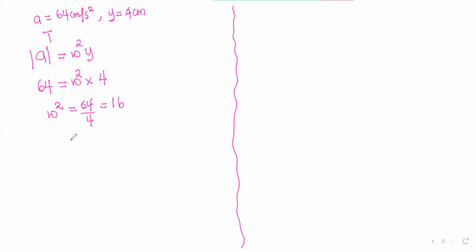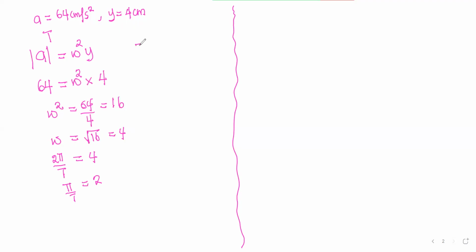So omega is equal to square root of 16, which is 4. Omega is also 2 pi on T, so this is equal to 4. Pi on T is equal to 2.